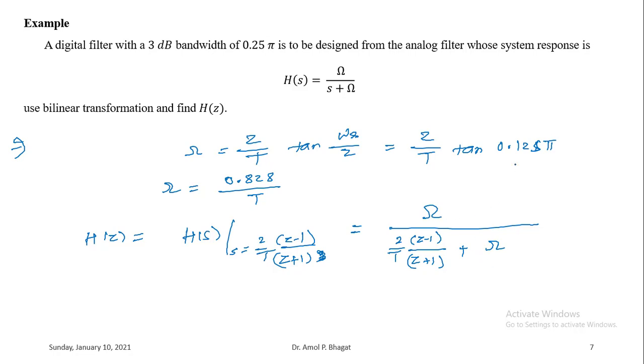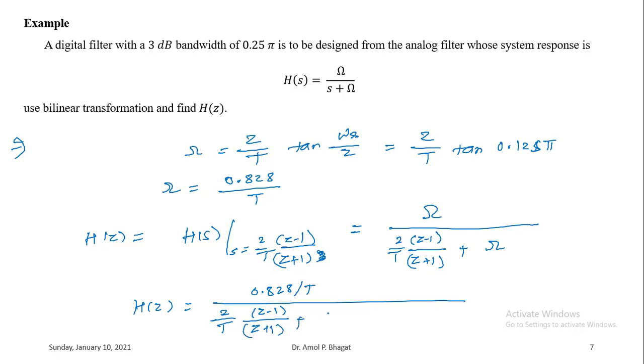In place of Omega, I can substitute 0.828 by T. So H(z) equals 0.828 by capital T, whole upon 2 by T (z minus 1)/(z plus 1) plus 0.828 divided by T. Here this T will get cancelled.